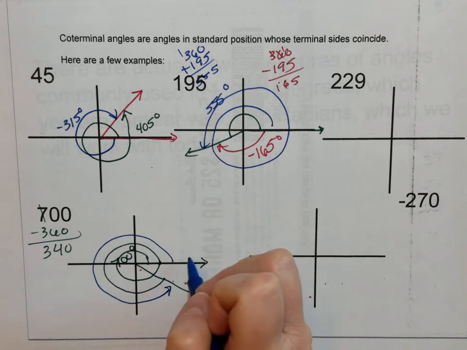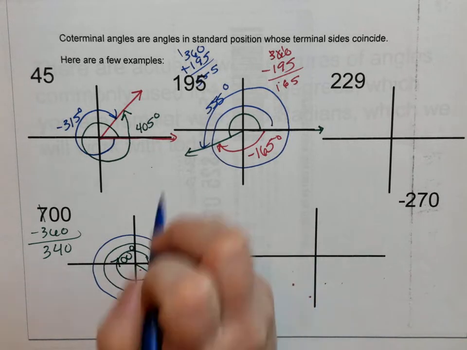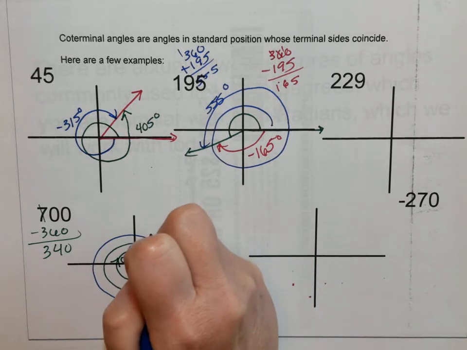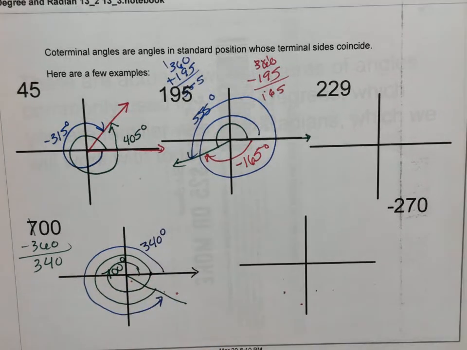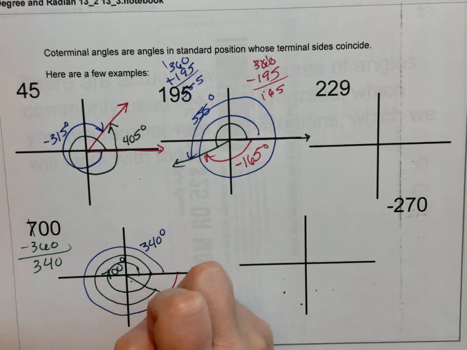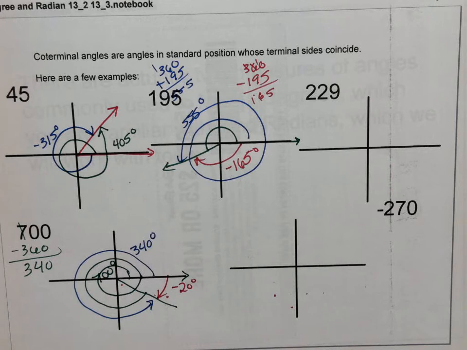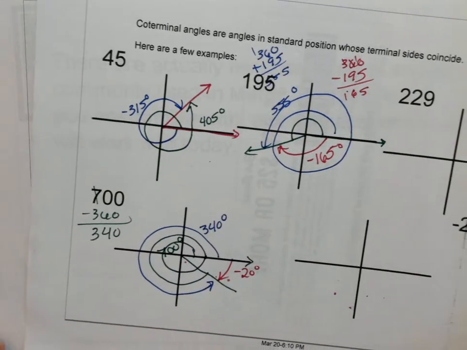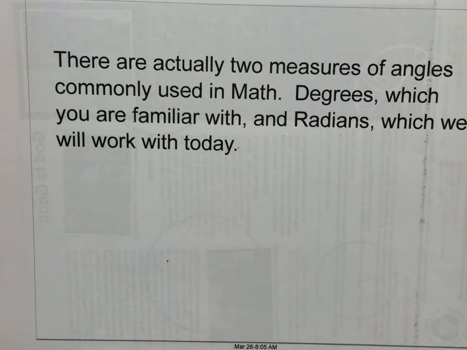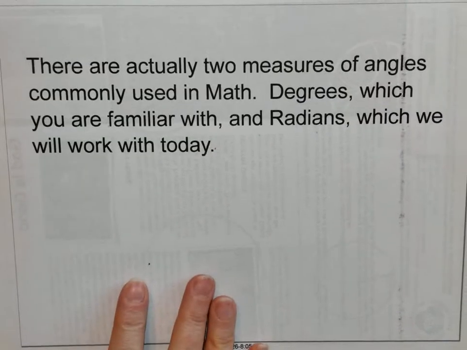How far from here am I? I'm 20 degrees away, so this would be 340 degrees. So 700 and 340 are coterminal. Now, I could also go this way, and that would be negative 20 degrees, because I went down first. Not too terrible.